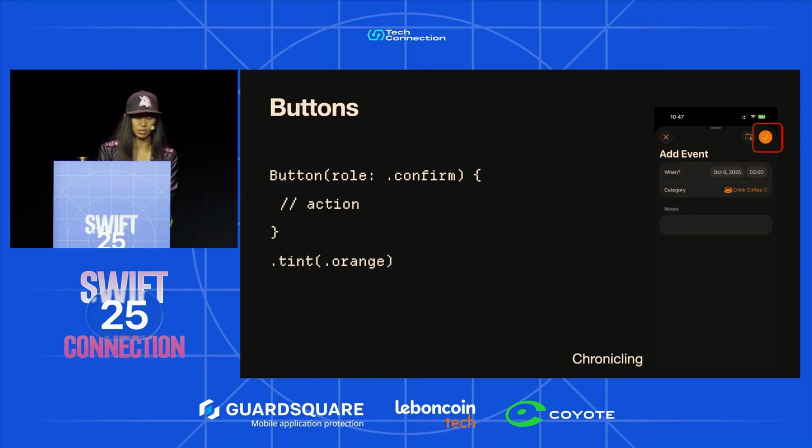And then in her example, she has a tint of orange, and that just changes the color, making it more prominent just by using .confirm. And then similarly on the other side, we have .cancel. And so you can guess what it does. But along with confirm and cancel, there is then destructive and close, because they can all individually mean different things. And the color can change here and there depending on what you're trying to accomplish.